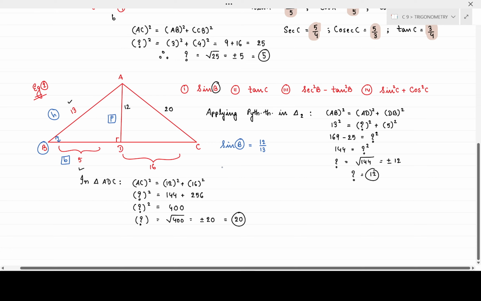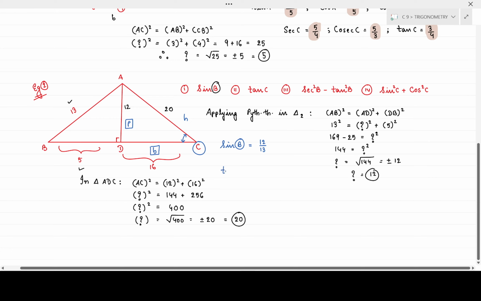When we talk about tan C, now we have to remove all these notations because we are finding for another angle. Now we are focusing on the C part. So we'll mark arrows here. This one is hypotenuse, this one is base, and this one is perpendicular for this point of time.